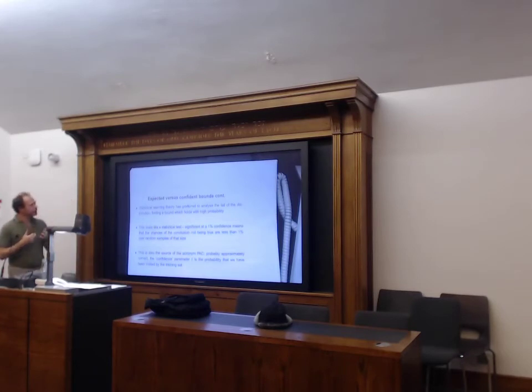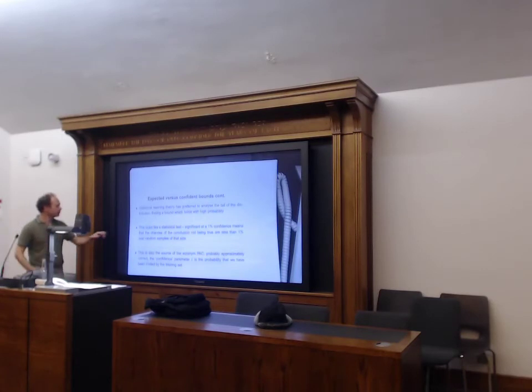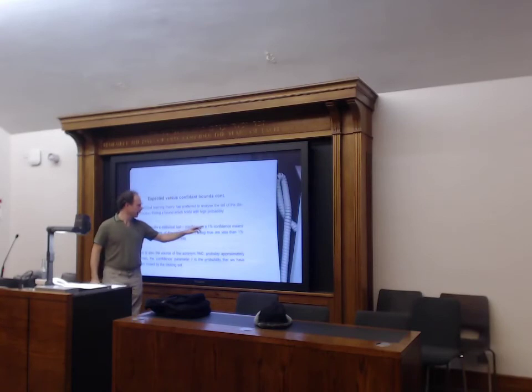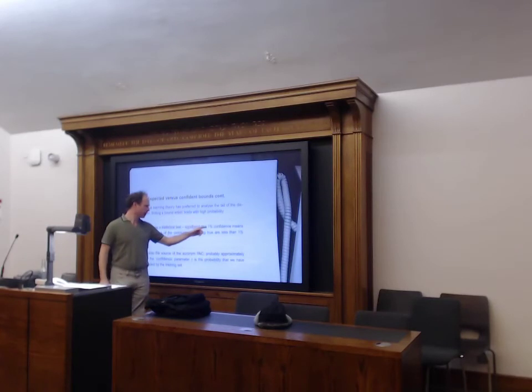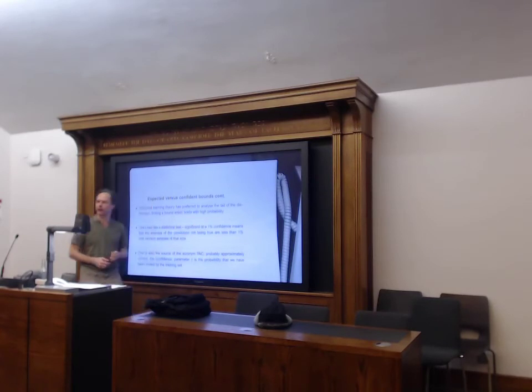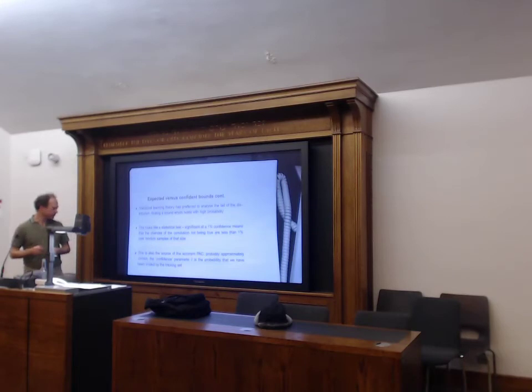So you like a theory which is still able to tell you that I'm sure there is a chance of no more than 1% that the performance of the algorithm is worse than something.